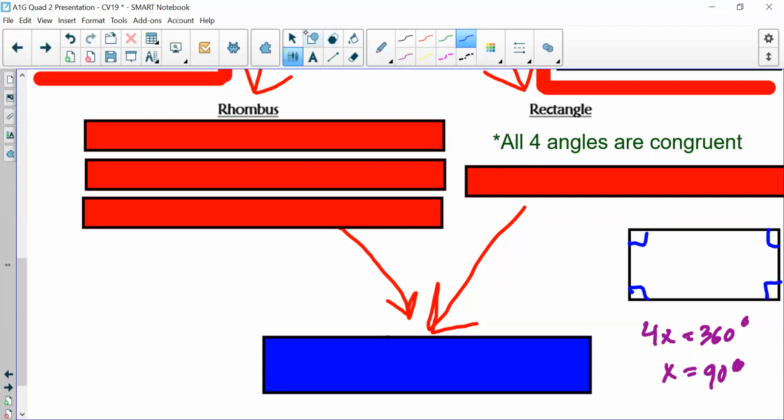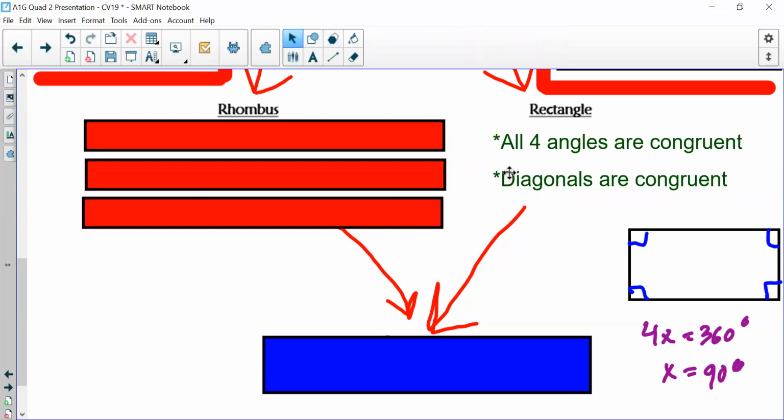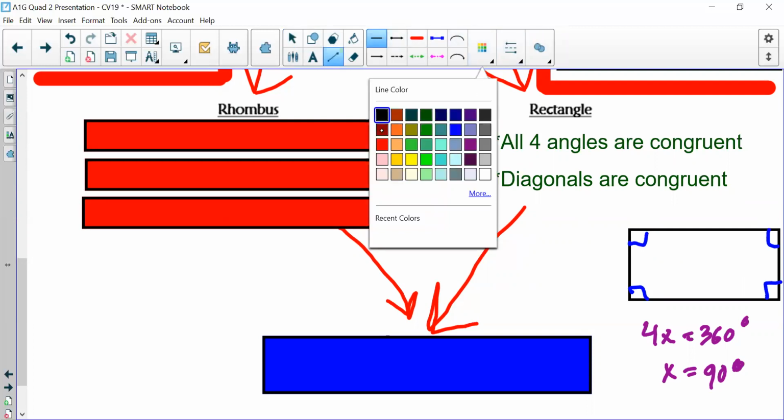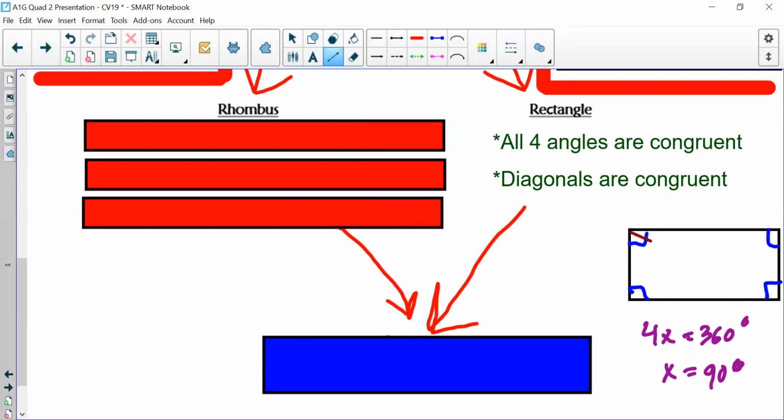The second property is that the diagonals are congruent. So if we were to draw in the 2 diagonals, the lengths of both those diagonals are the same.